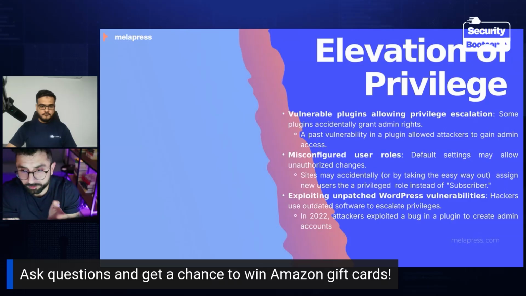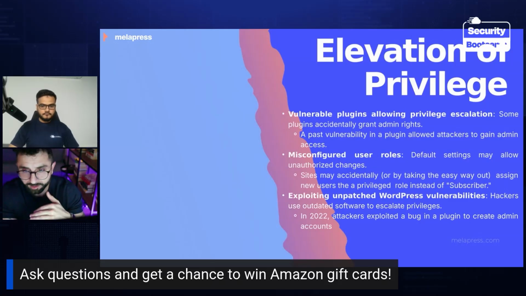So in 2022, for example, hackers exploited a bug in a plugin that allowed the creation of administrator access. So these things happen regardless of how well known the plugin is. This can happen. So we need to take some mitigations.